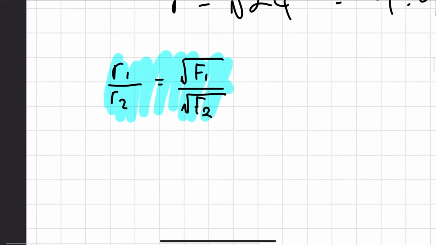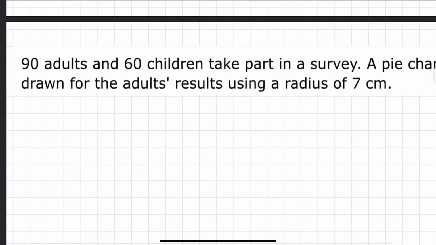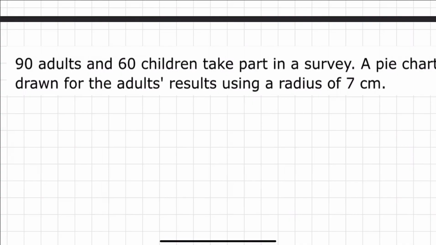This video focuses on this method, whereas the video I've posted before focuses on the longer method, but still efficient. So our formula is R1 over R2 equals the square root of F1 over F2, where R is your radius and F is your frequency.